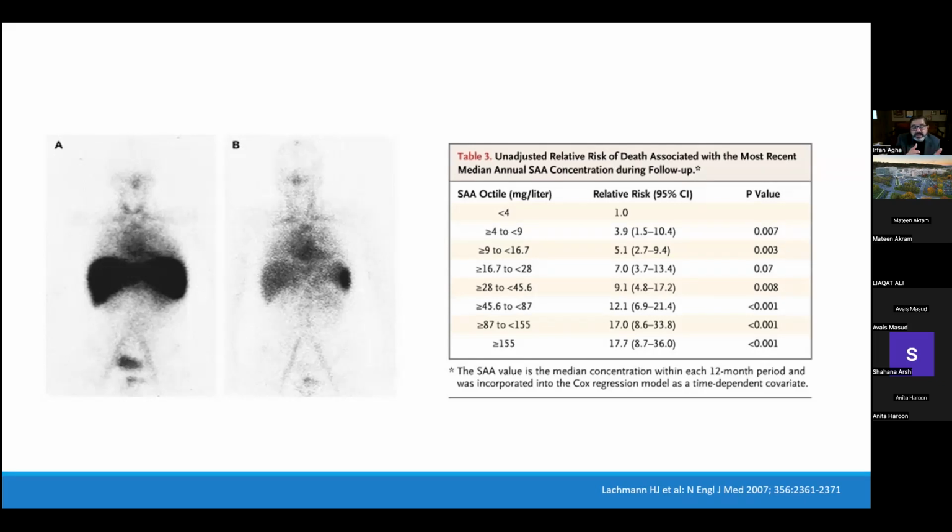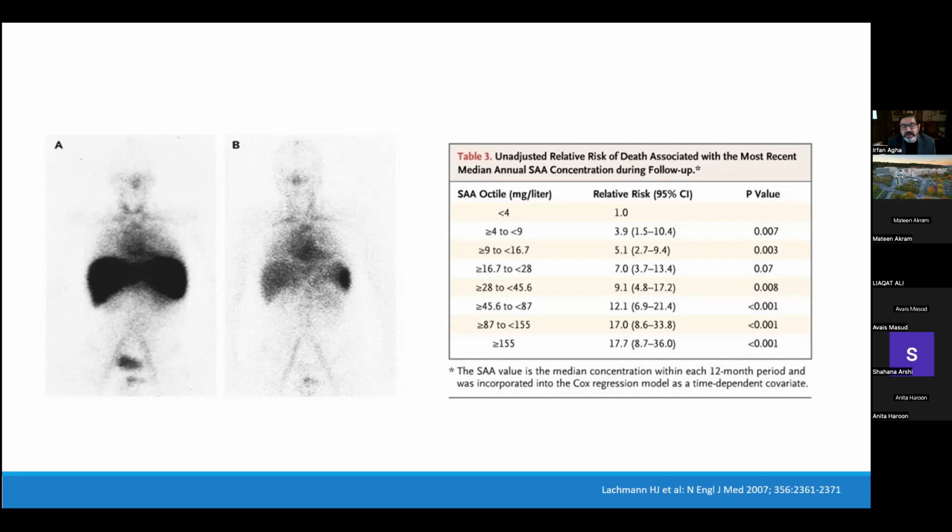And a scan done at an interval, I think a 5-year interval scan, shows that the scintigraphic uptake is now much less dense. So they have mobilized a bunch of that amyloid out of that tissue. One of the features of the beta-pleated structure is that it becomes very resistant to degradation. So once there's something there, removing it takes a long period of time.